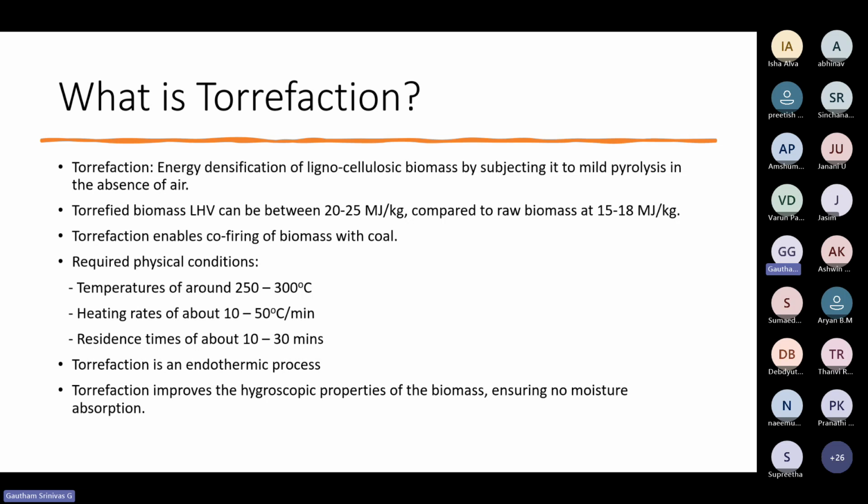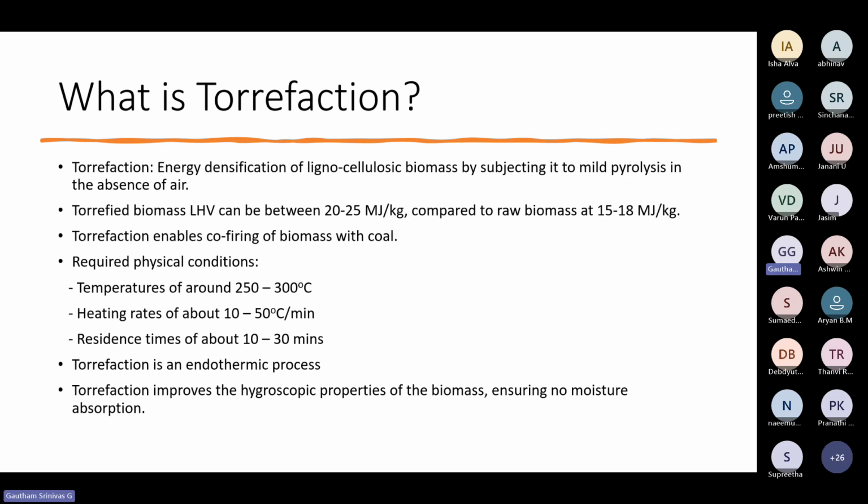Another thing is, if you just touch the torrefied biomass, which is cooled, it will just disintegrate into a powder. If you take, for example, rice straw in your hand, will it just become powder? No, right?